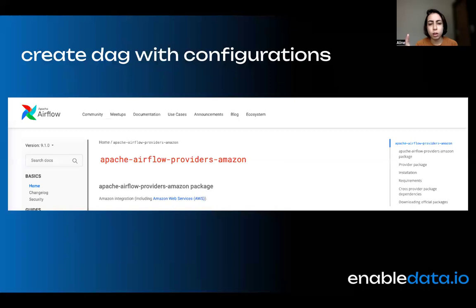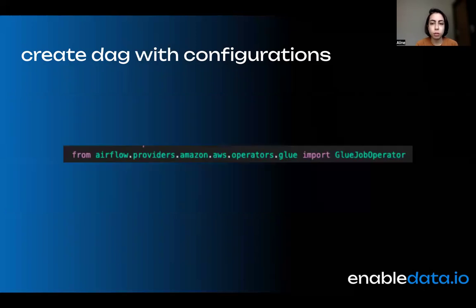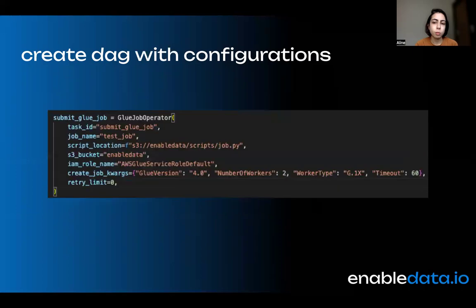I'm not sure, but I think it's necessary for the AWS default connection to work, else it won't work as well. So you need that installed, and then you need to import the GlueJobOperator.